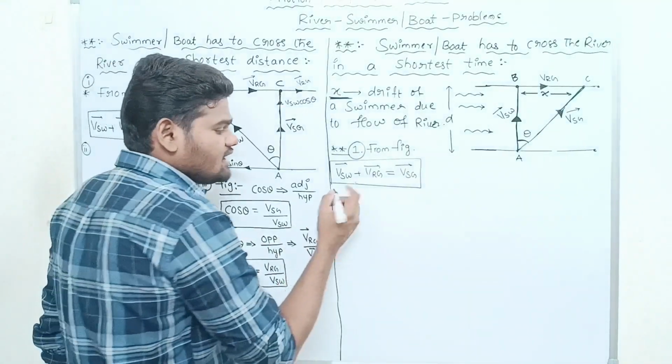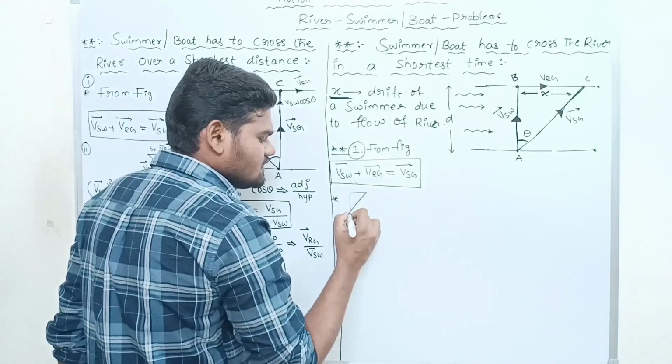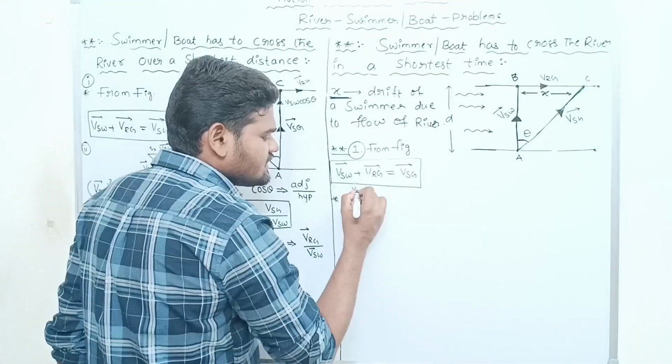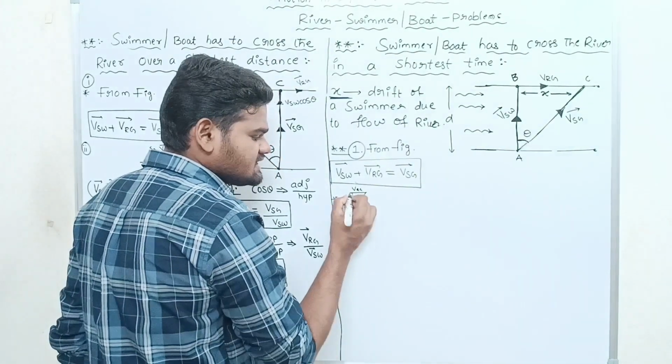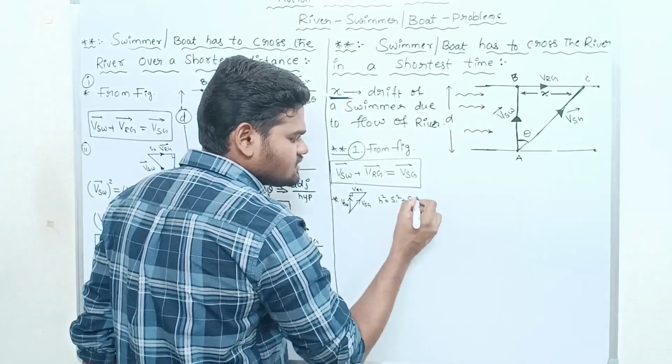And from right angle triangle, have a look. This is the velocity of swimmer with respect to water, this is the velocity of river with respect to ground, and this is the velocity of swimmer with respect to ground. So this is 90 degrees. Then hypotenuse square is equal to side 1 square plus side 2 square.